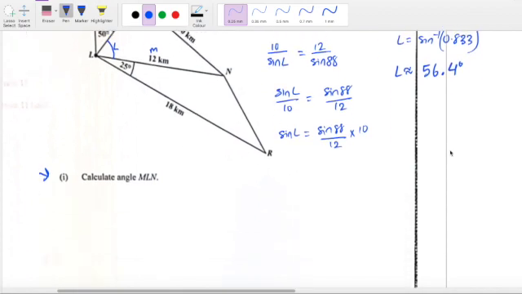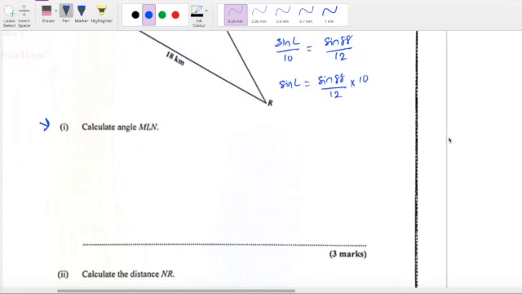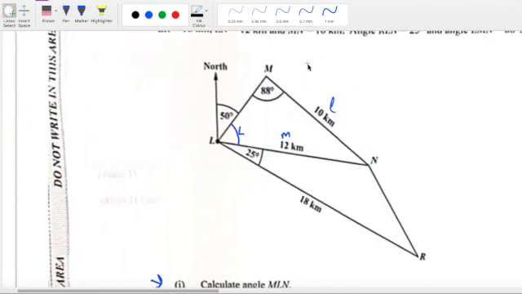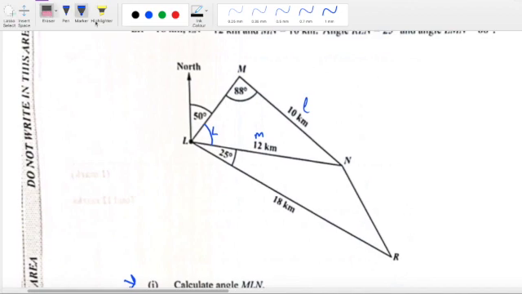Did they have calculate the angle? They didn't say to any decimal places, so I'll just use 1. So we have this angle here being 56.4 degrees.